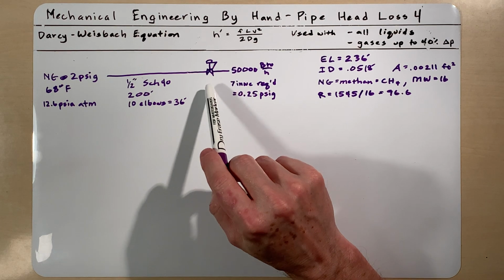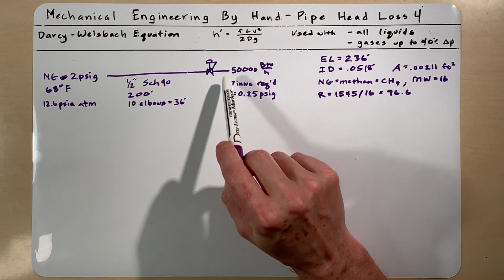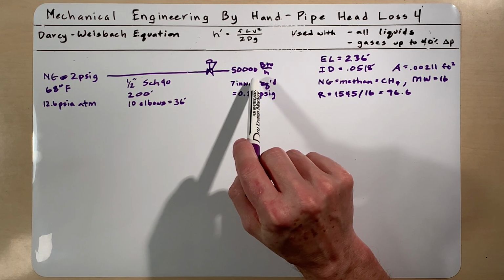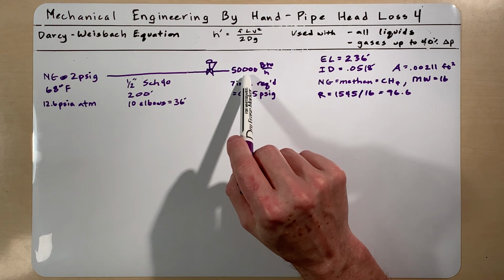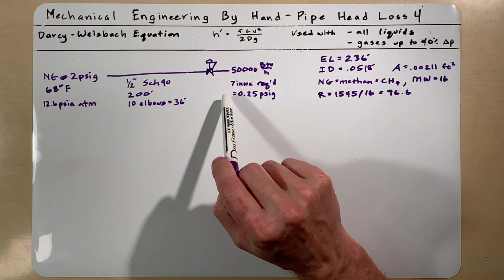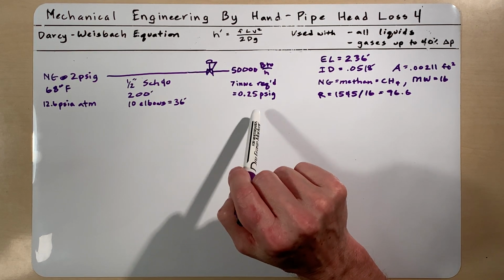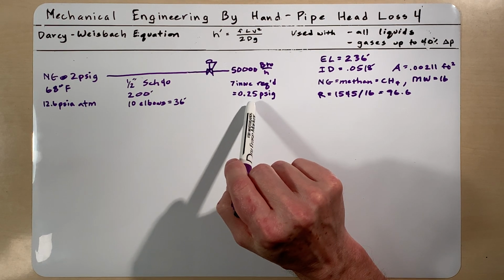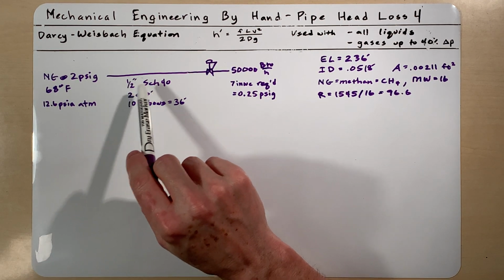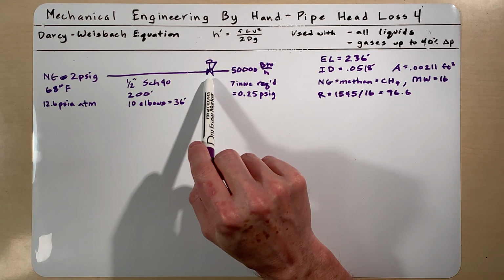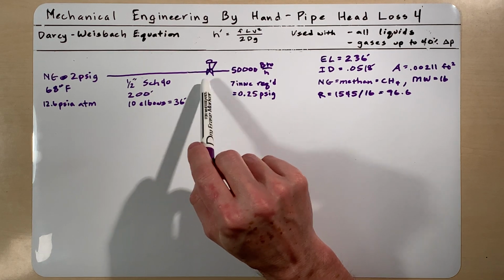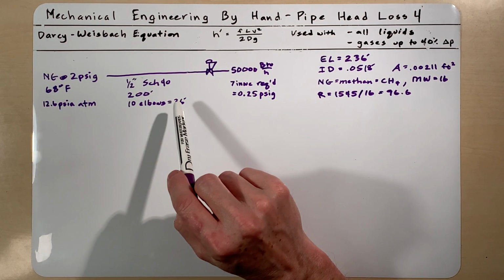And then the unit that requires the gas requires 50,000 BTUs per hour at 7 inches of water, which is equal to 0.25 psi. Typically we'll have a pressure regulator just upstream of the equipment to control that pressure.